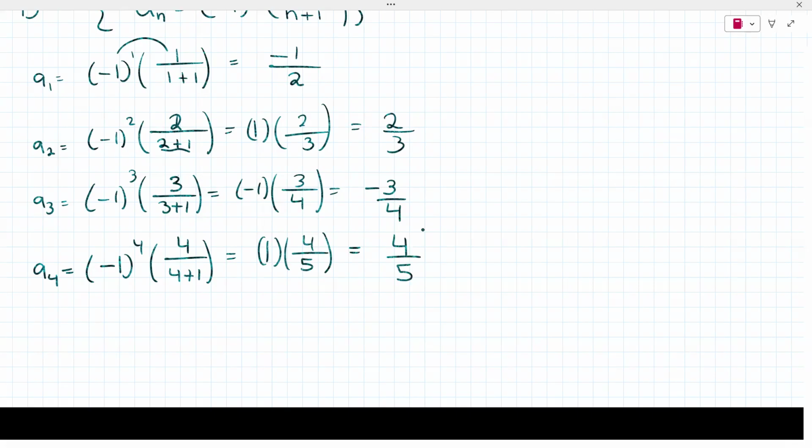And the fifth term would be negative 1 raised to the fifth, and then 5 over 5 plus 1. Negative 1 to the fifth is negative 1, and 5 plus 1 is 6. What's negative 1 times 5/6? Negative 5/6.